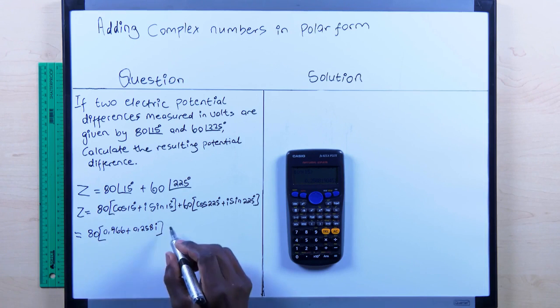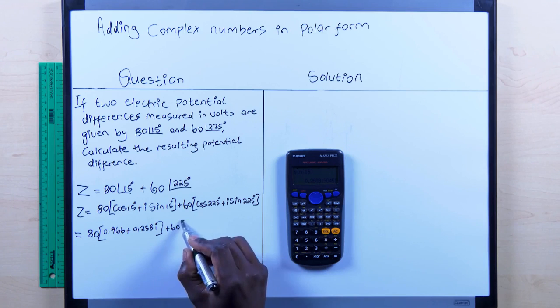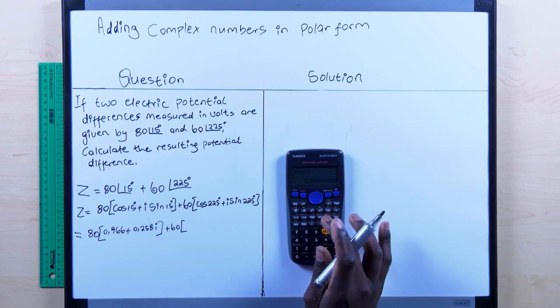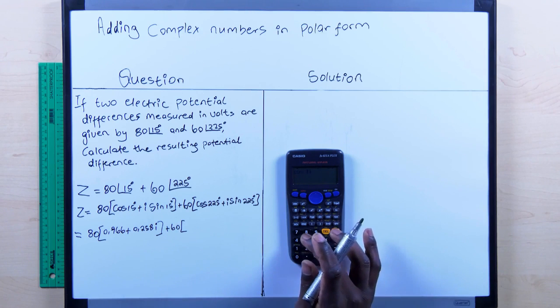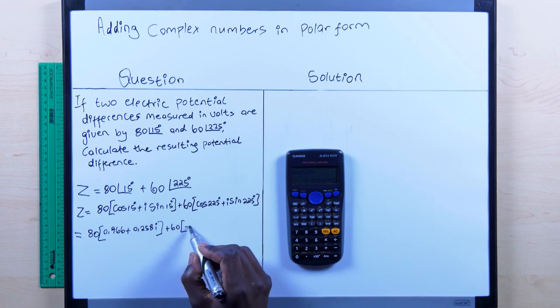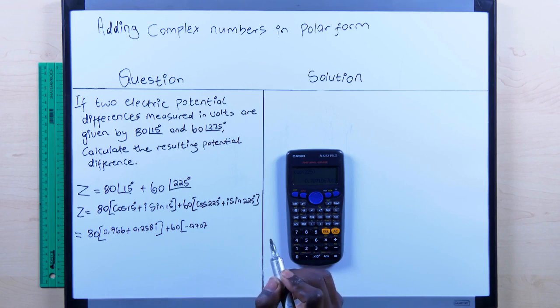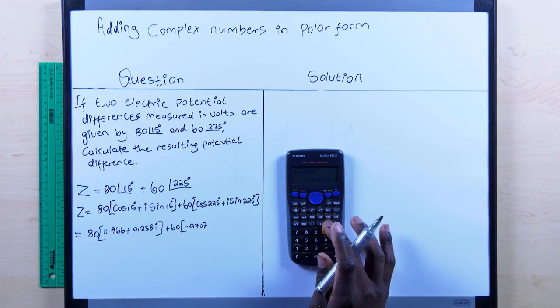That is done, then we come to this part, negative 0.707, and then we come to this second part.